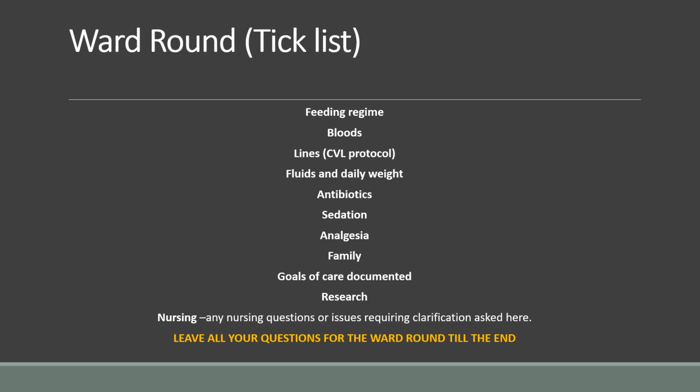We do try to be diligent with our goals of care documentation. Every patient in ICU should have a goals of care form in their notes. If they don't, please remind your SMO team. And research. So what this means is is there any other research that the patient can be enrolled in, and do we need to think about something else?